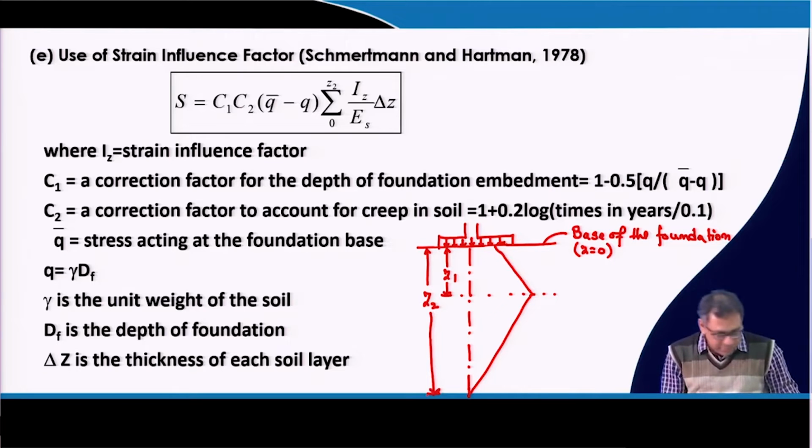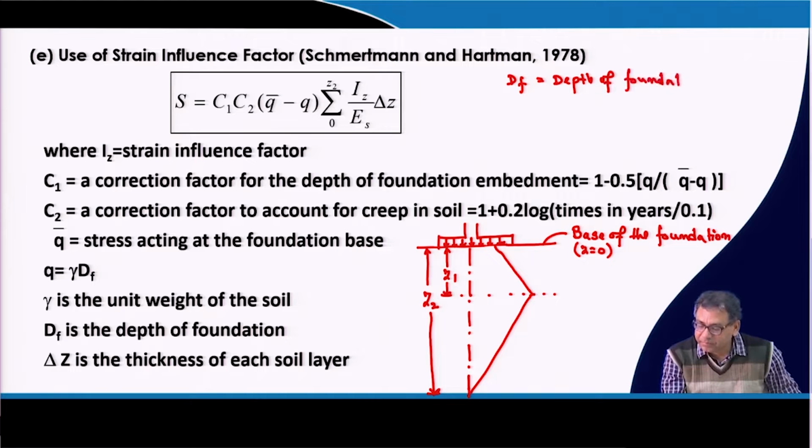Okay. So, now how we will get the z1 and z2 and how we will get the Iz value. Suppose df is the depth of foundation, then there is a term q.